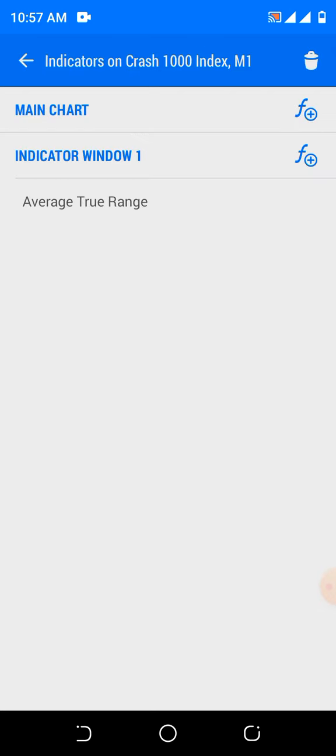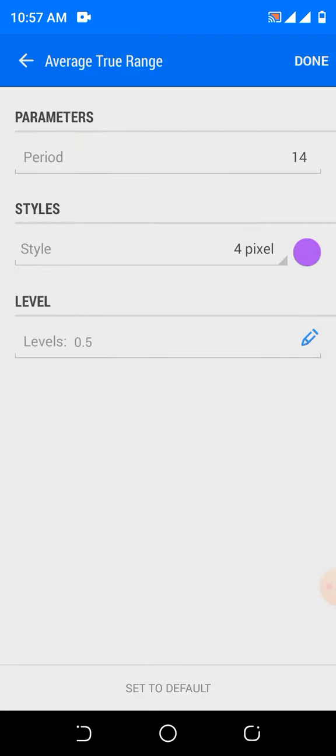So these are the settings. The indicator used here is Average True Range, ATR. The period is 14. For style, you can choose a pixel of your choice.